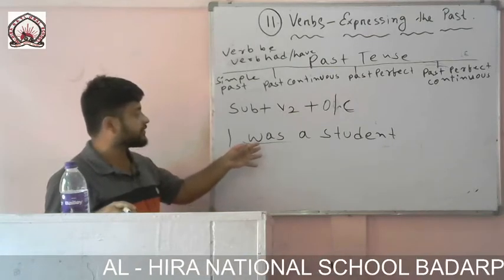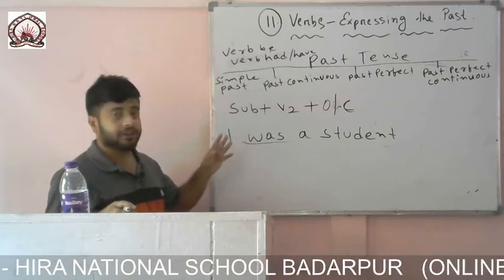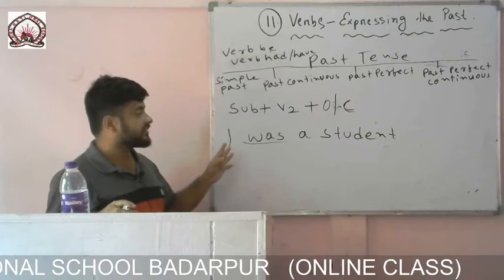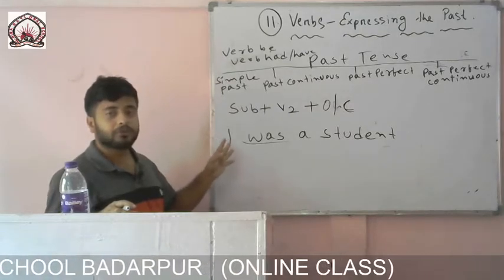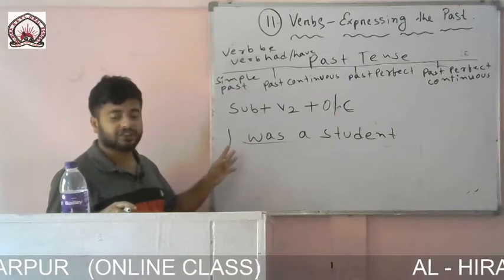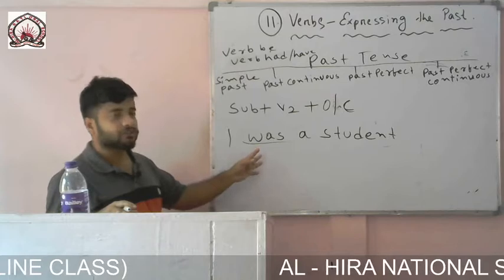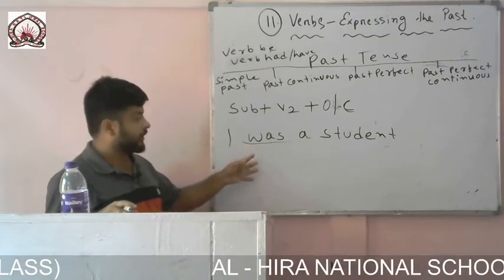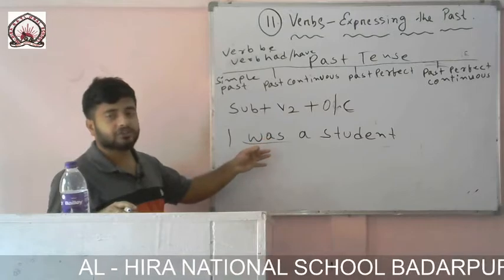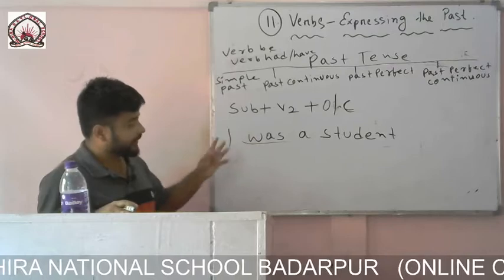It is not the main verb. Understood or not? It is verb be. Remember, in simple past, we can write sentences with the help of past tense forms of the verb be, that is was or were, or with the help of past tense forms of the verb have, that is had.